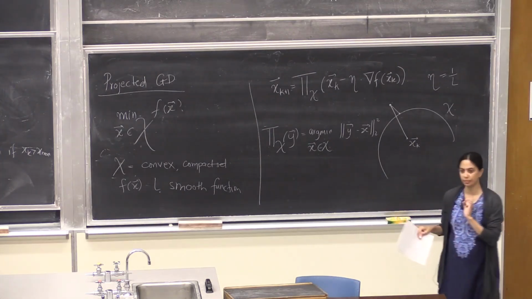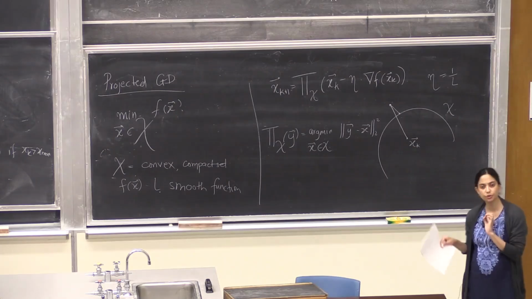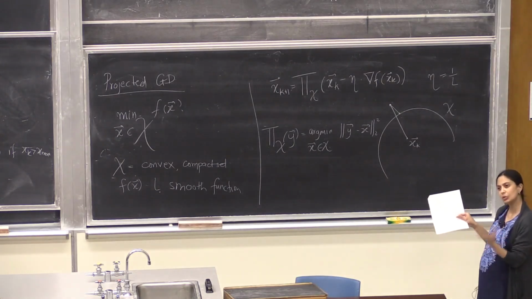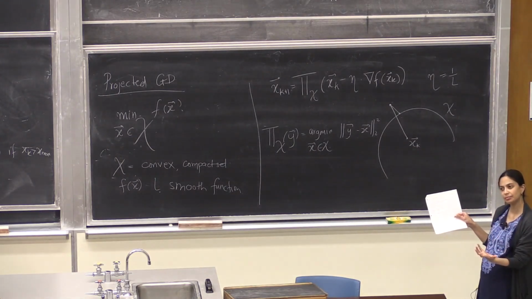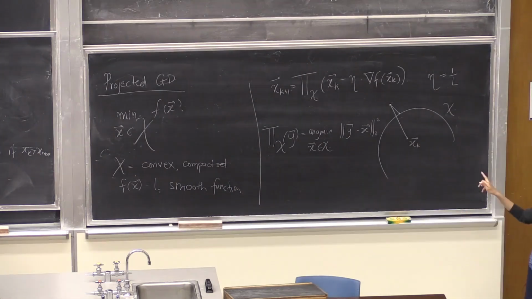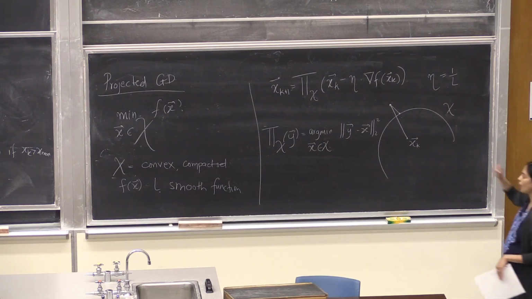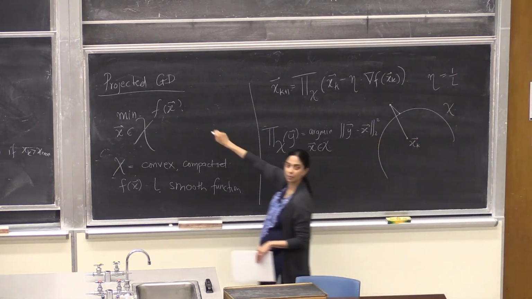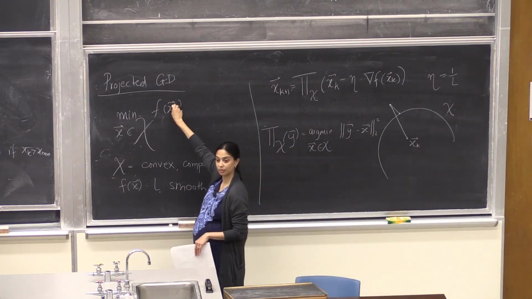Thinking about this algorithm now, I want to ask you, is there something about this that doesn't feel very good? Here, I wanted to minimize f of x. I had an optimization problem, right?